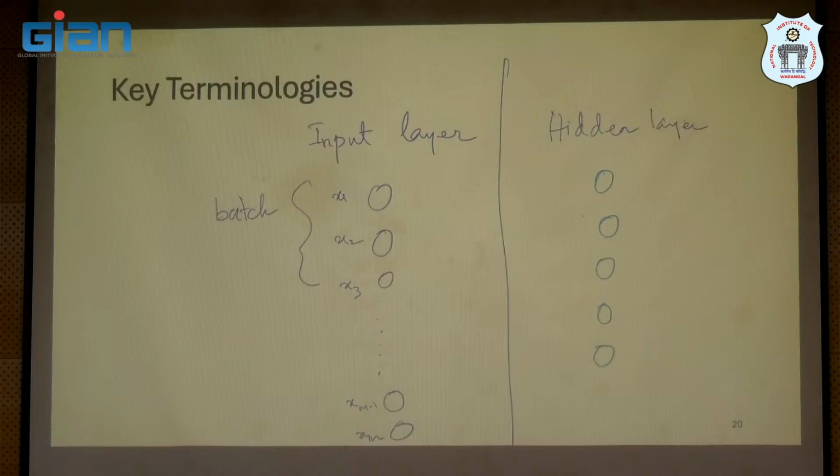So it can be 1, 2, 3, 4, 5 up to, let's say, L. L be the size of layers. Okay. So there are L neurons in a particular hidden layer. So you can have 10 neurons, you can have 2 neurons, you can have 20 neurons. So you can have more neurons within that one layer.